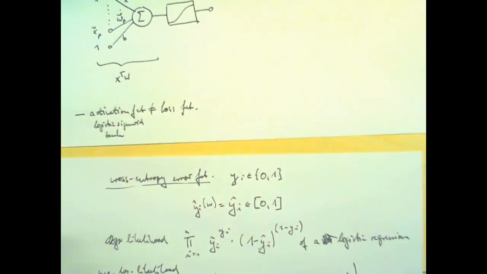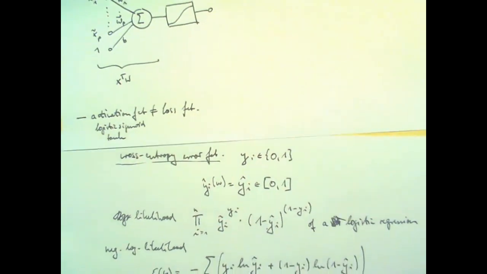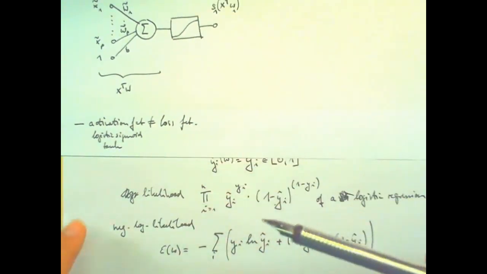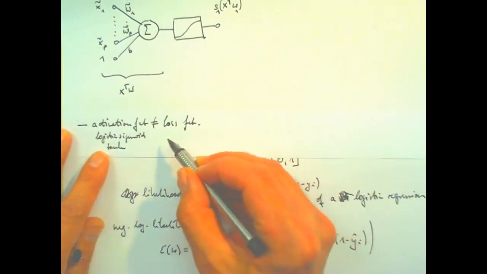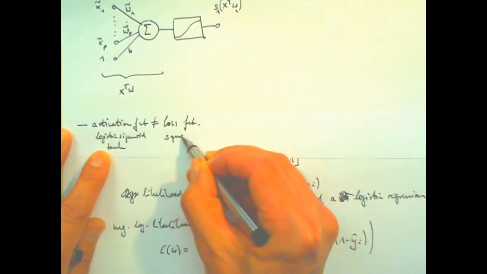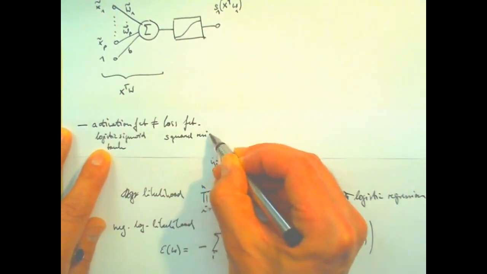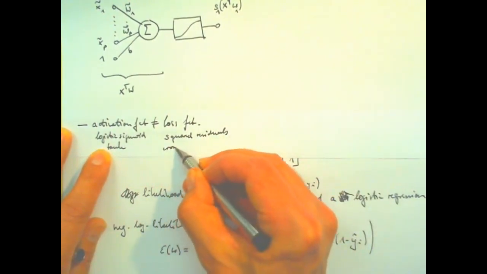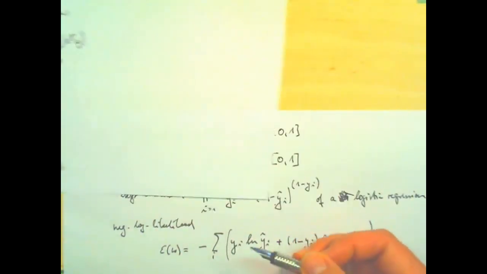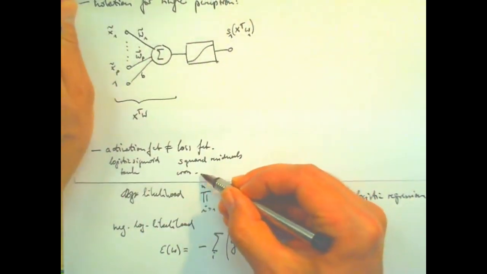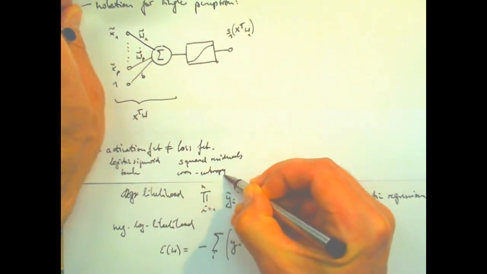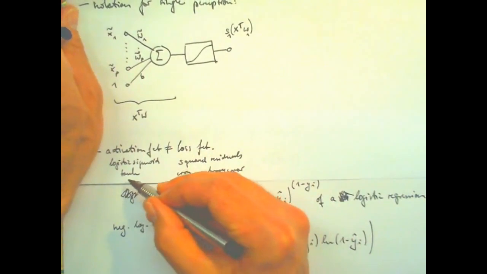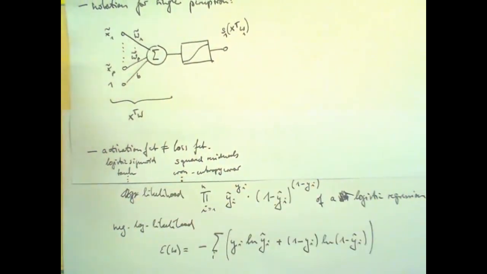But the question was, are activation function and loss function the same? And no, they are not. And typical loss functions include the squared residuals for regression, or this cross entropy error. But people are using others. And even here, people are using other activation functions also.